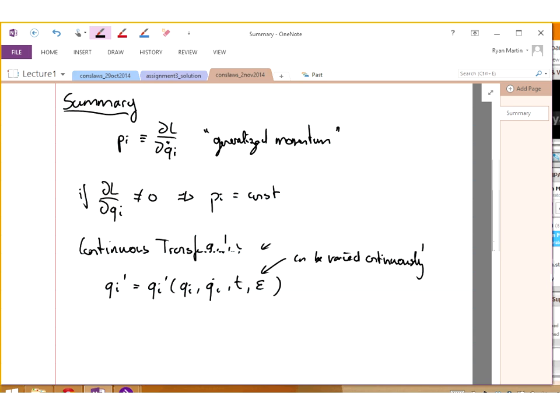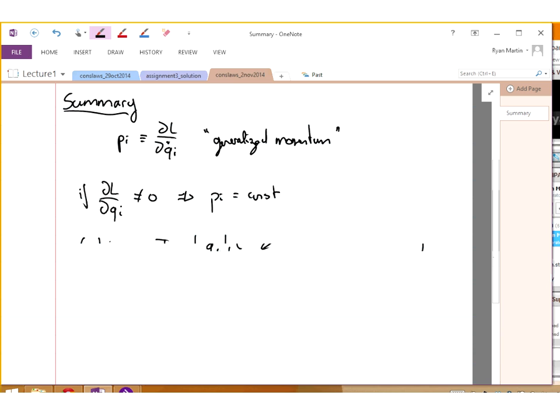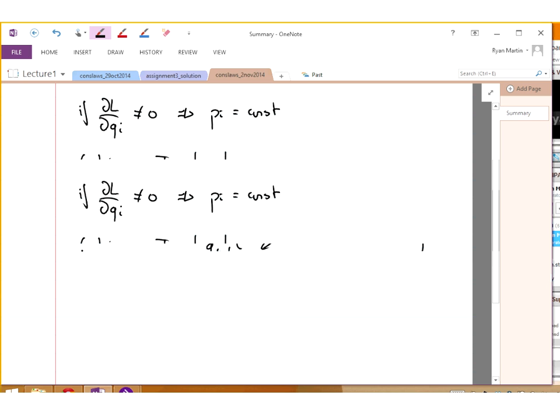And so we also wrote out the infinitesimal transformation. We introduced a new notation.